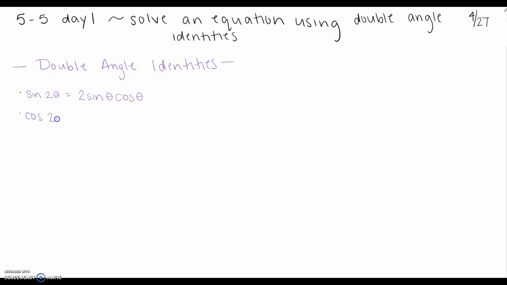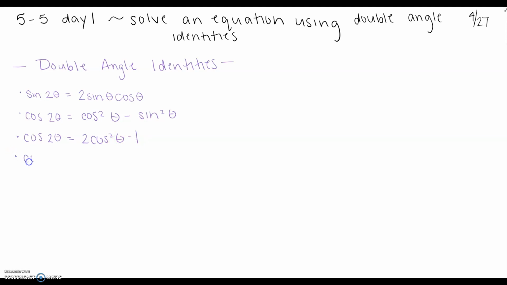So we have cosine of 2 theta equals cosine squared of theta minus sine squared of theta. Then we have cosine of 2 theta equals 2 cosine squared of theta minus 1.